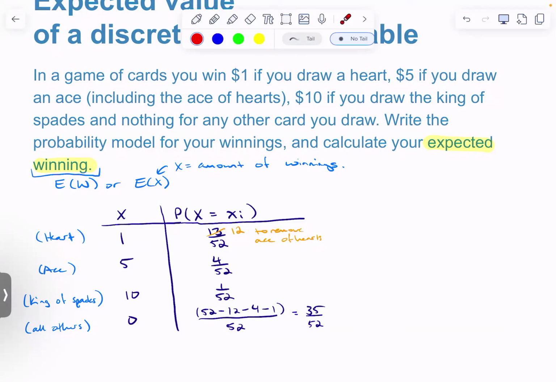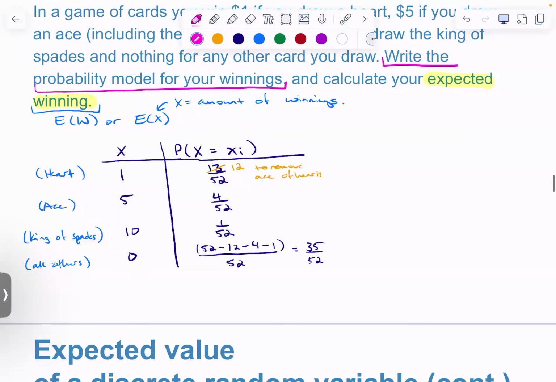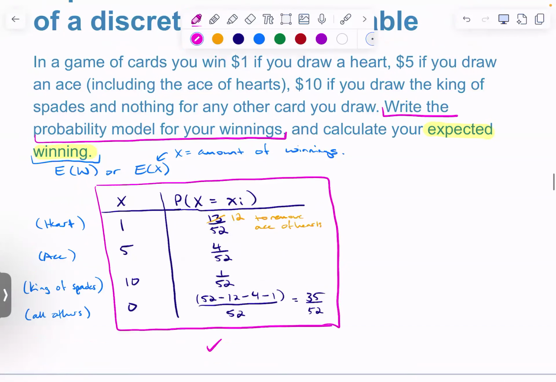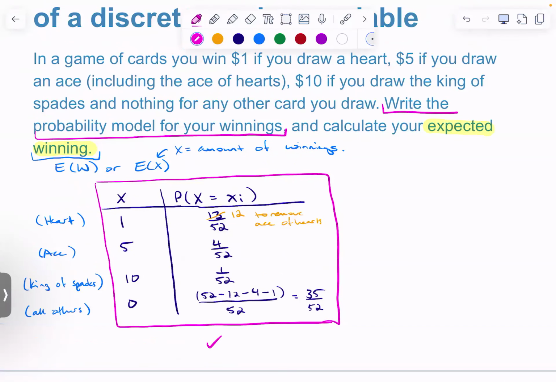So now, write the probability model for your winnings. That's this. Then you're going to use it to calculate your expected winnings.